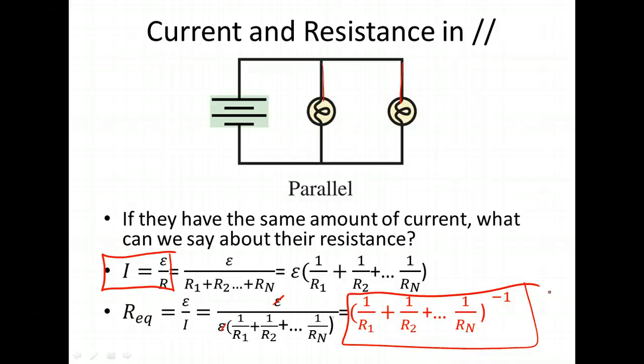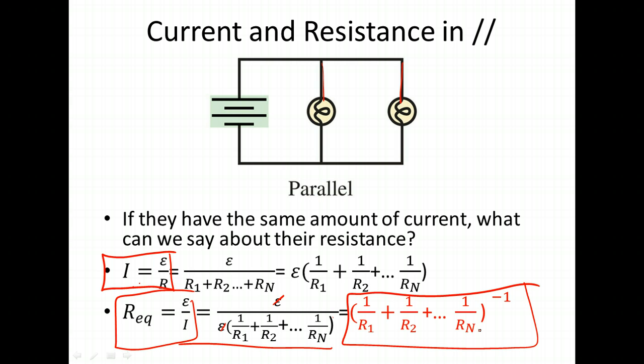Do I expect you to know all of this? No, not necessarily. We know this formula, we jotted that down. We know the current in Ohm's law. But the equivalent resistance in parallel is a much, much different calculation, as if I had one resistor.